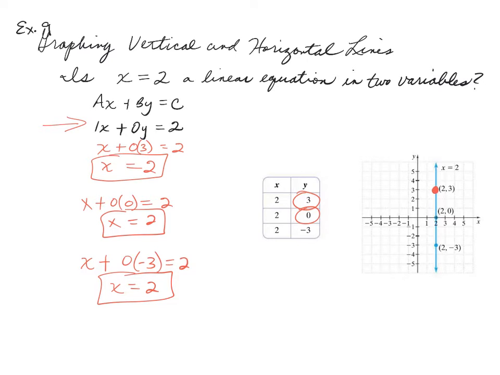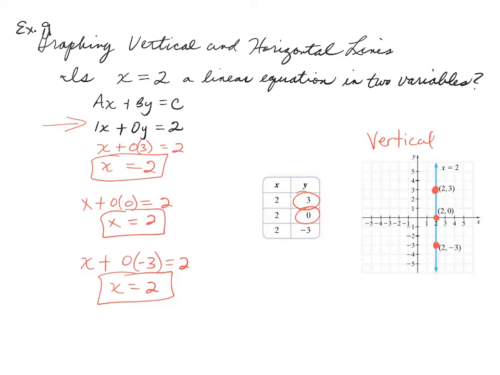You get (2, 3), (2, 0), (2, negative 3). And you can see that the equation x equals 2 is a vertical line that goes through the point on the x-axis where x equals 2. X equals 2 is always a vertical line.